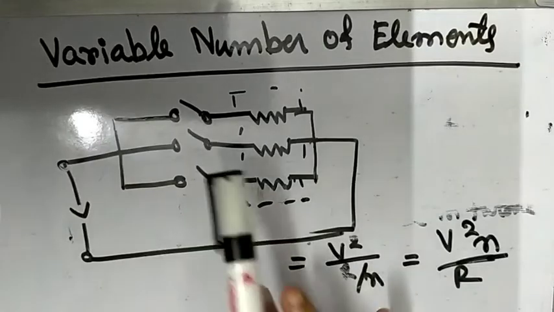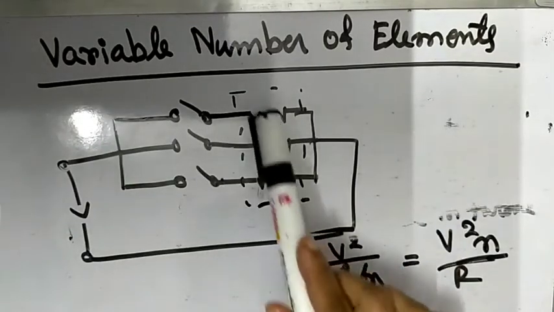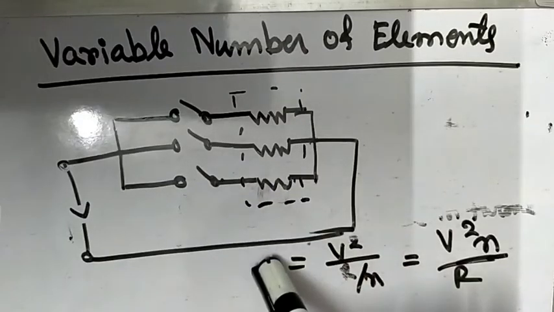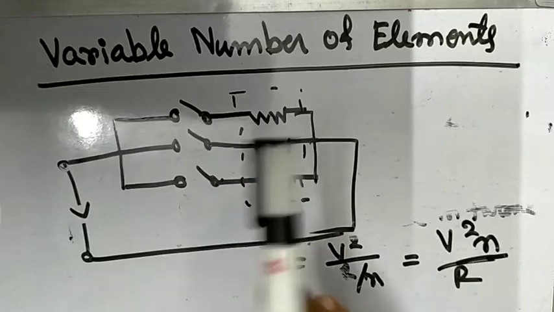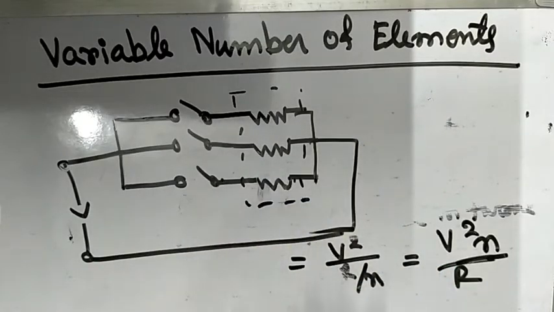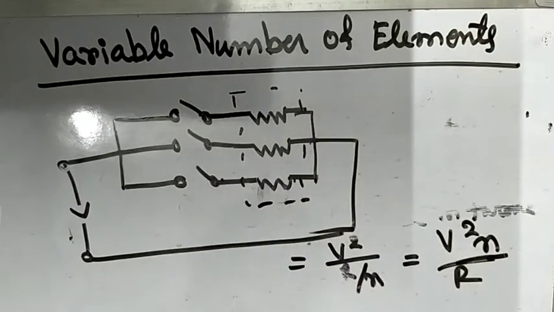As shown in this figure, by putting more and more parallel resistance in the circuit, we can change the temperature, and with this method we get uneven heating unless elements not in use are well distributed. This means this is a complicated wiring.